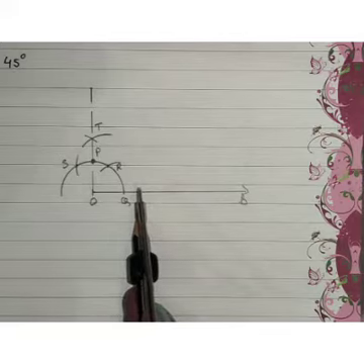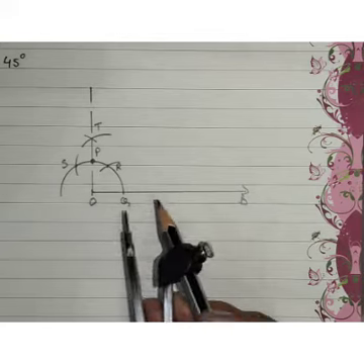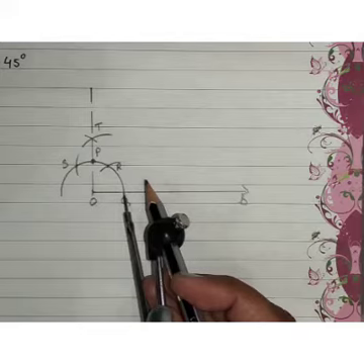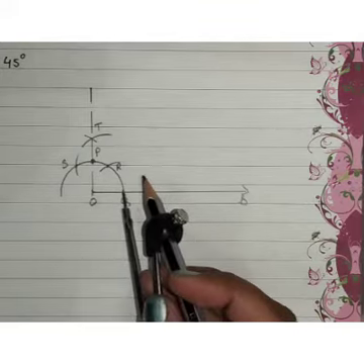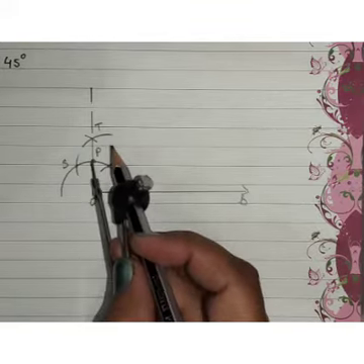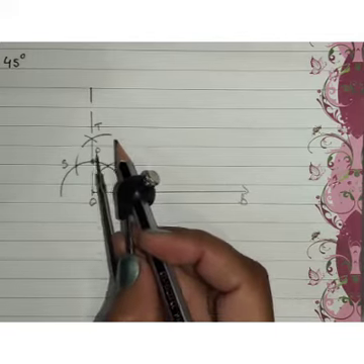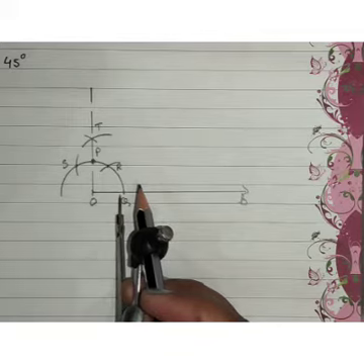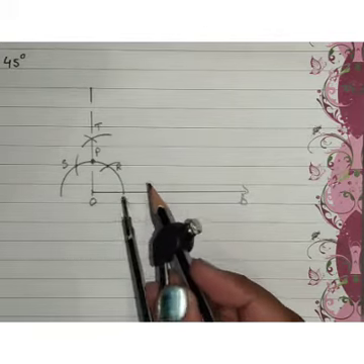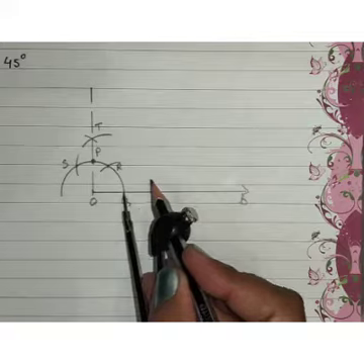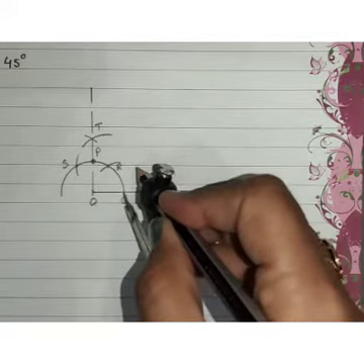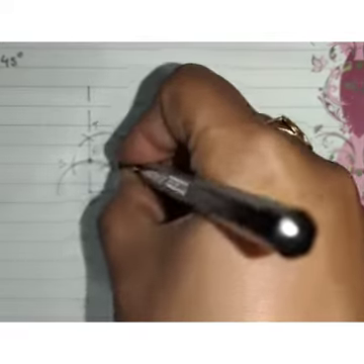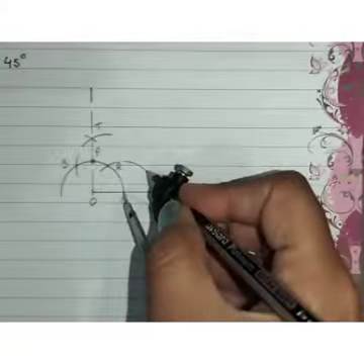Now to bisect it, we draw two arcs, one from point Q and one from point P. Now taking Q as center and radius greater than half of PQ, we draw an arc like this.